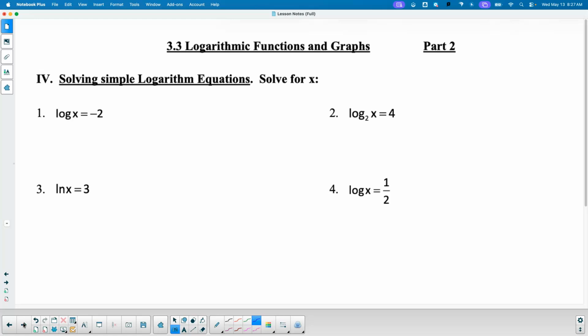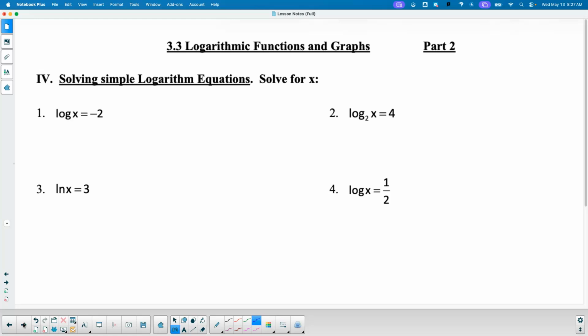So log base x of negative 2. What is x going to be then? 1/100. Yep. How do we solve a logarithmic function? Put it in exponential. How do we solve exponential?